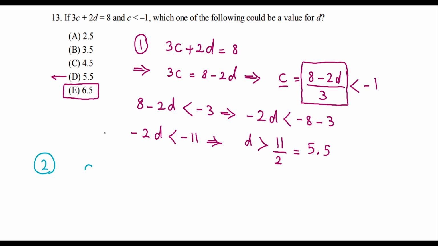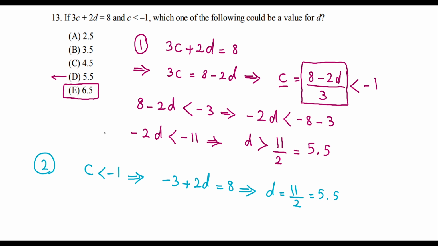Since we know that c is less than -1, we can replace c with -1. So -3 plus 2d equals 8, and d equals 11 over 2, or 5.5.